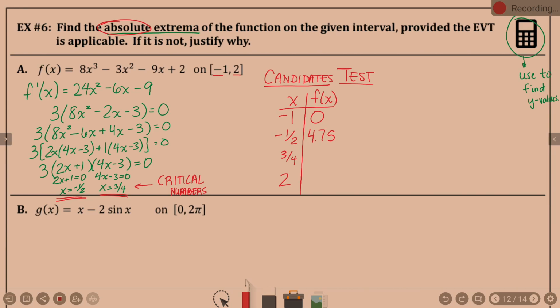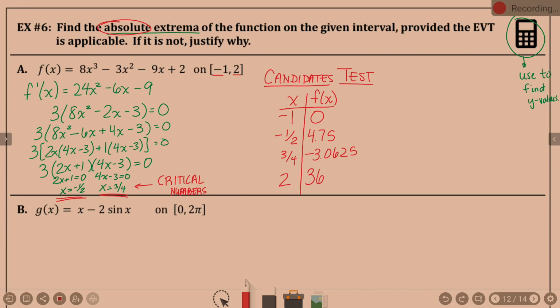Negative 49/16, or negative 3.0625. Okay, because I had written on mine negative 3.063, which I'm fine with. Then what do you get when you put 2 in? 36.